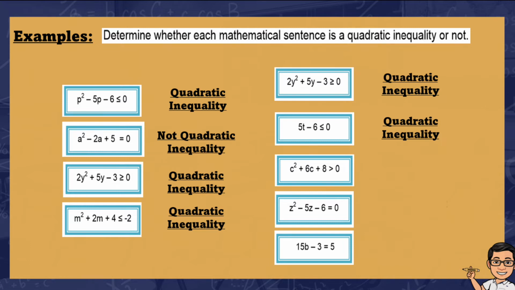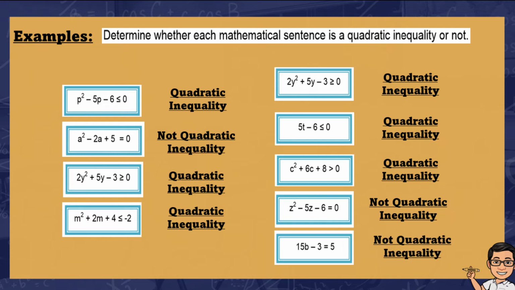Our answer here is yes, quadratic inequality. Next, we have z squared minus 5z minus 6 is equal to 0. Our answer here is not quadratic inequality kasi ang ginamit na symbol is equal sign. So, papasok na siya ulit sa quadratic equation. And the last is we have 15b minus 3 is equal to 5. The answer here is not quadratic inequality also.